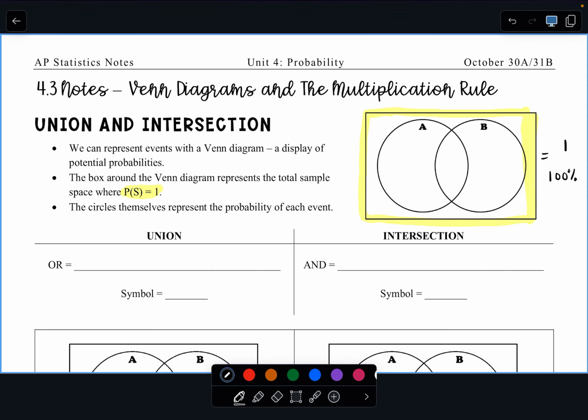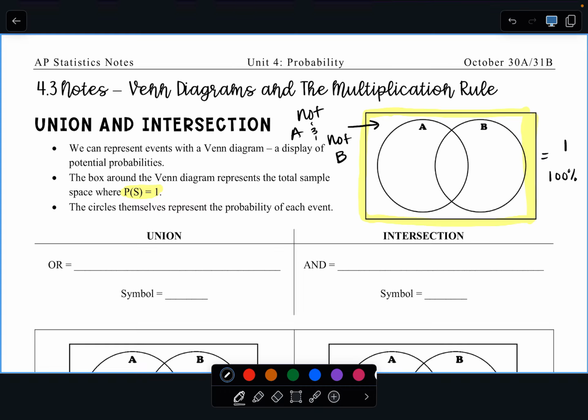So what we also have to take into consideration when we're doing these probability questions is that there are people who don't fall into either category. So this would be not A and not B. I know that sometimes they ask you these questions and you're like, well, where am I supposed to get that information from?